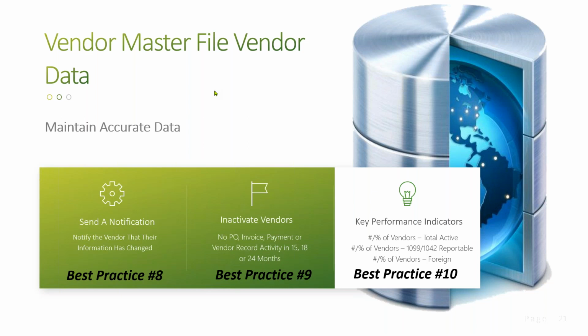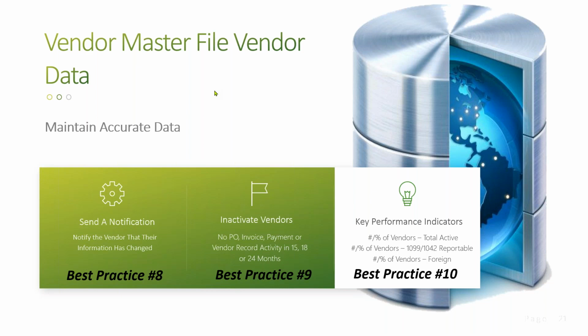And the fewer active vendors means there are fewer vendors that are accessible for fraud. Now, if you do business with a vendor again in the future, treat them as a new vendor and collect all the same required documentation. That way you can maintain accurate vendor data.